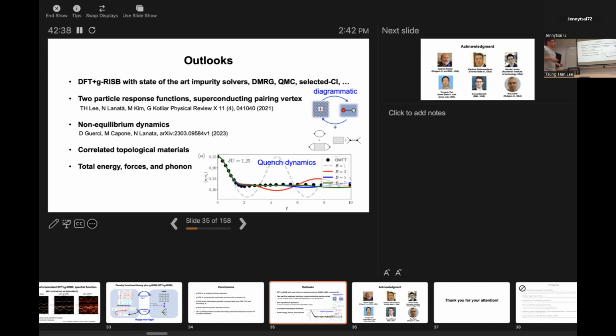And we see that if we increase the number of bath orbitals, it also converges to the DMFT value and captures it quite well until some time when it becomes not so reliable. And it is also possible to study correlated topological materials, and because our approach is also very efficient, it could also be applied to compute the forces and the phonon dispersion for correlated systems.